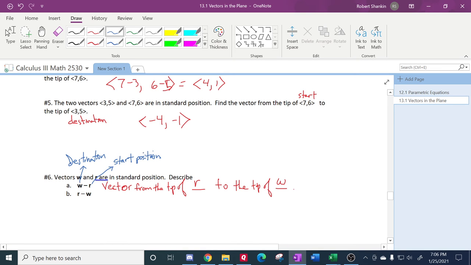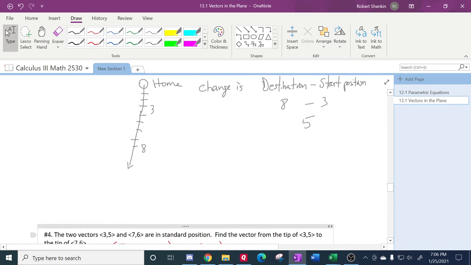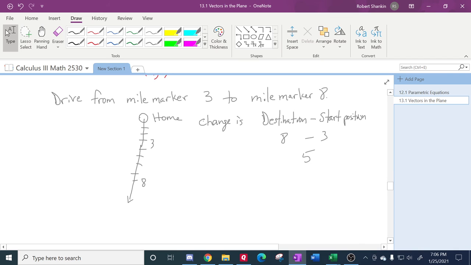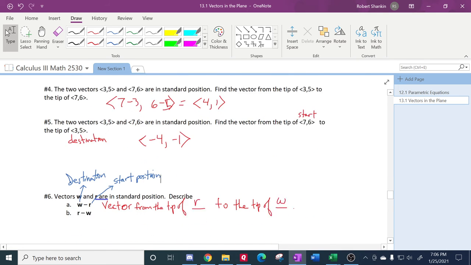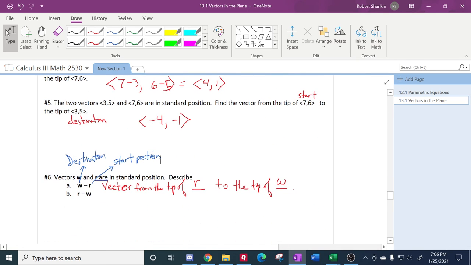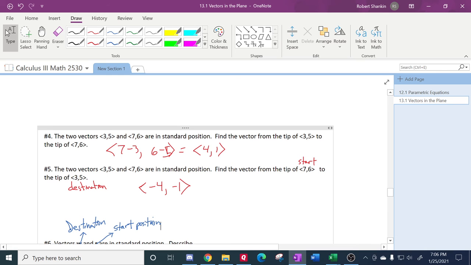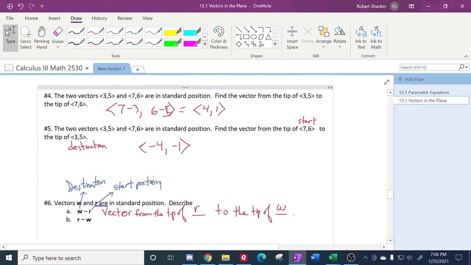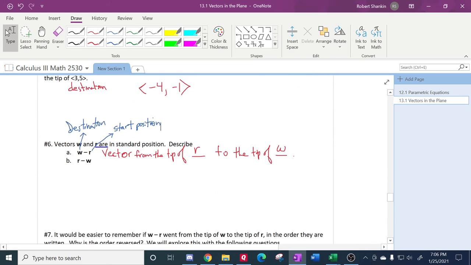Now, why do we do destination minus the start position? Because we want to know the vector's change in the position. Change is always what you ended up with minus where you started. If the price of something went from $10 to $12, we'd say the change was positive 2.